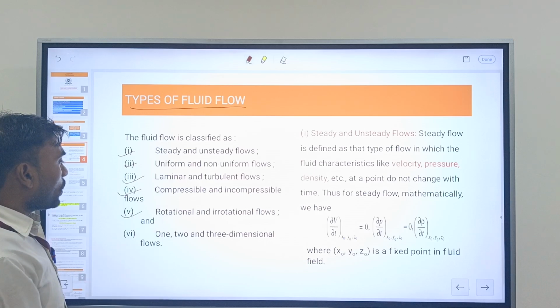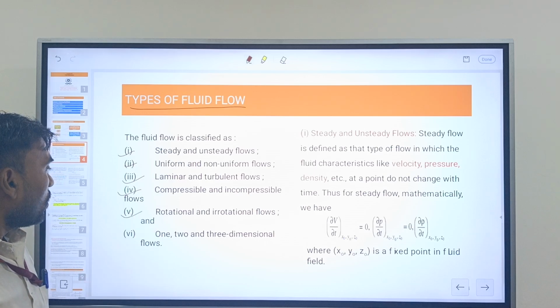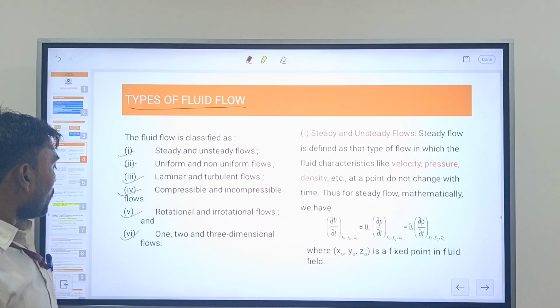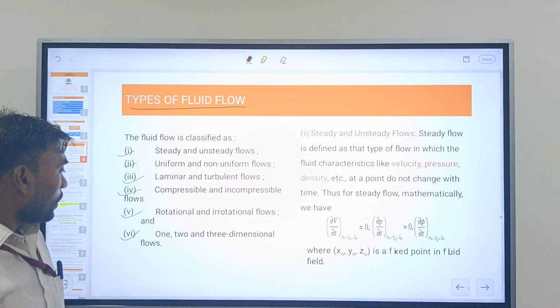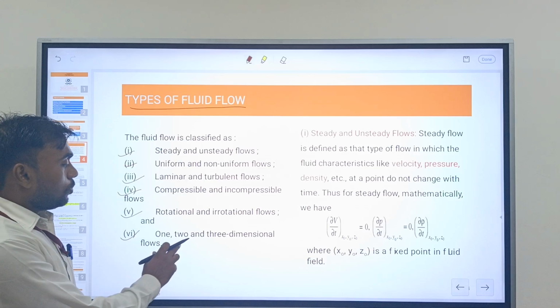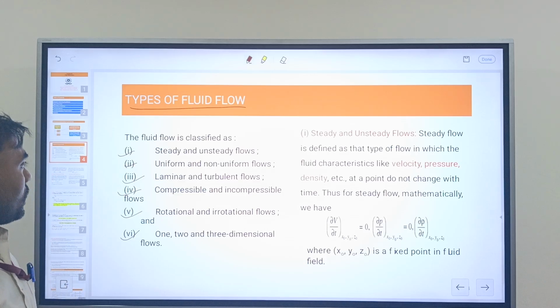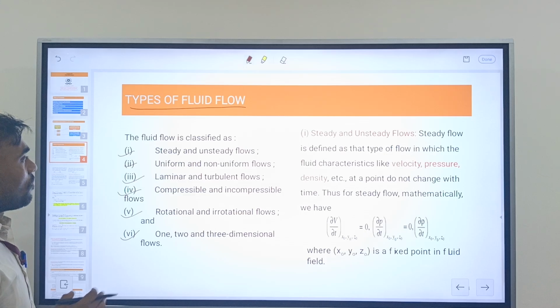Fifth, rotational and irrotational flows. And the sixth is 1, 2 and 3 dimensional fluid flows. So these are the general fluid flow classifications, which are described here one by one.